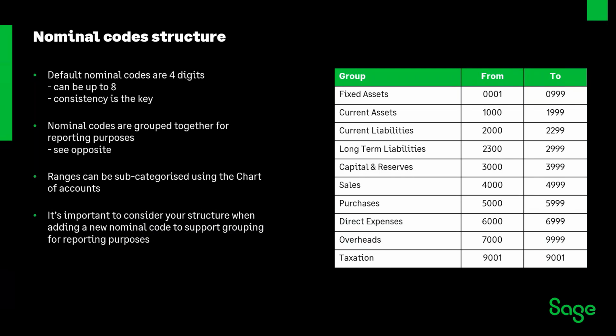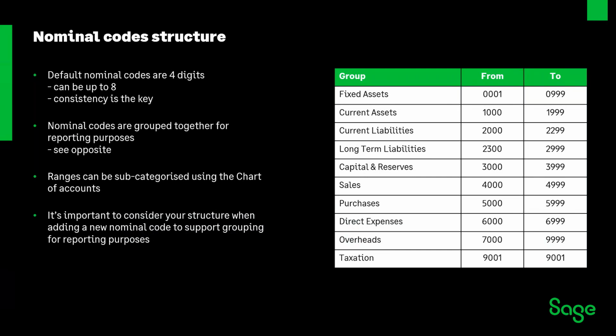So it's all to do with that level of detail that you might be after when you create new nominal codes. You have as many subcategories as you want as well in the chart of accounts. So it's important to consider your structure when adding new nominal codes so that it supports your grouping in the right place for your reporting purposes.